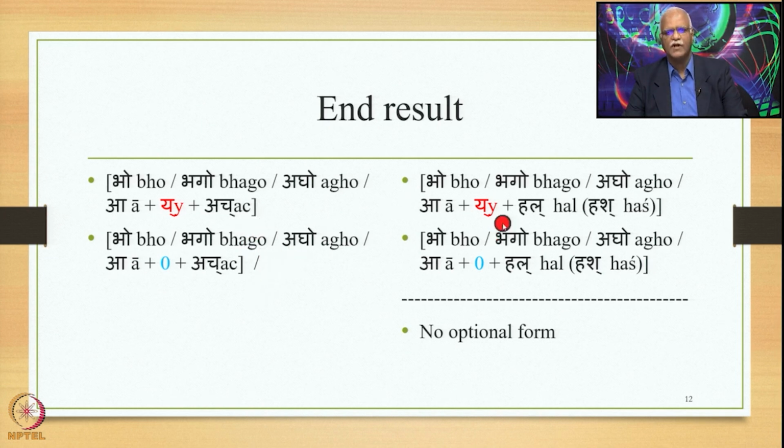And now when we turn to the right hand side on the slide, we see bho slash bhago slash agho slash a plus ya plus hal, that is hush. In this case ya gets substituted by 0 permanently, in view of all grammarians. So this is the output and there is no optional form when hush follows.